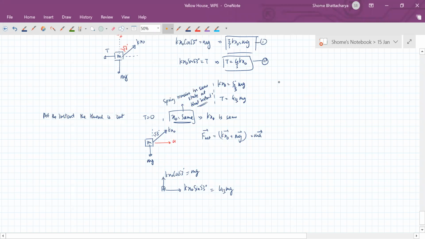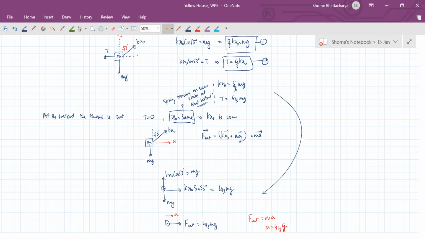Okay. From these. And this is mg. So the net force on this block will become how much? It will become this only, because these two are cancelling each other. So that will provide it with an acceleration. So this will become your answer.